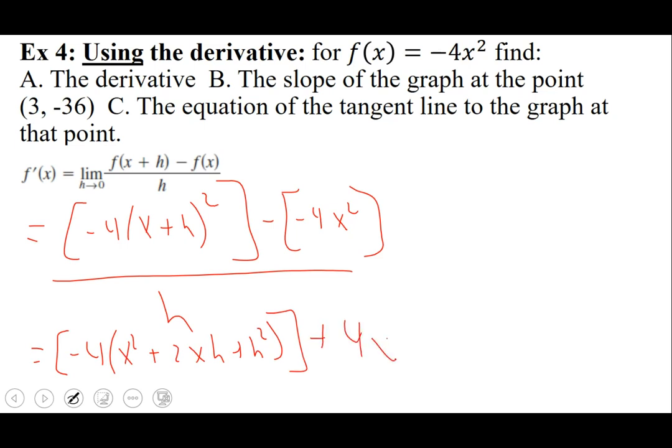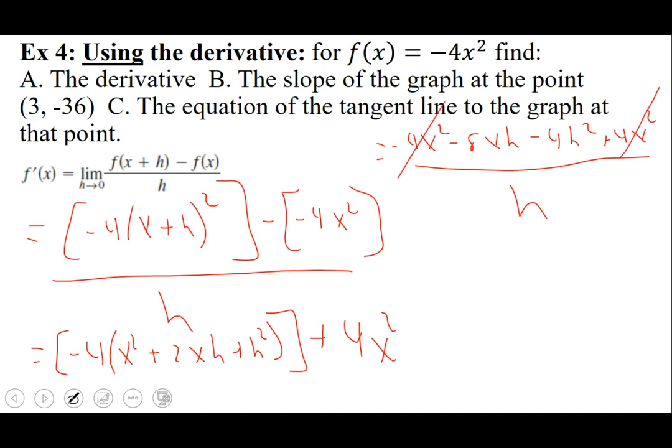Negative negative becomes a positive 4x squared. That's just the numerator. So if you distribute again, you get negative 4x squared minus 8xh minus 4h squared plus 4x squared, and this is all still over h.